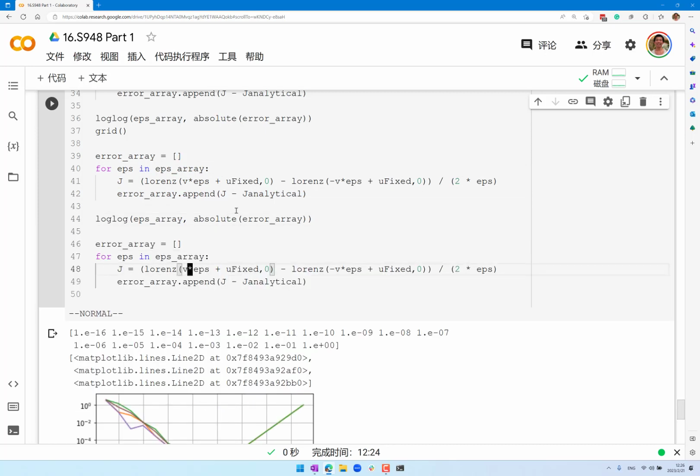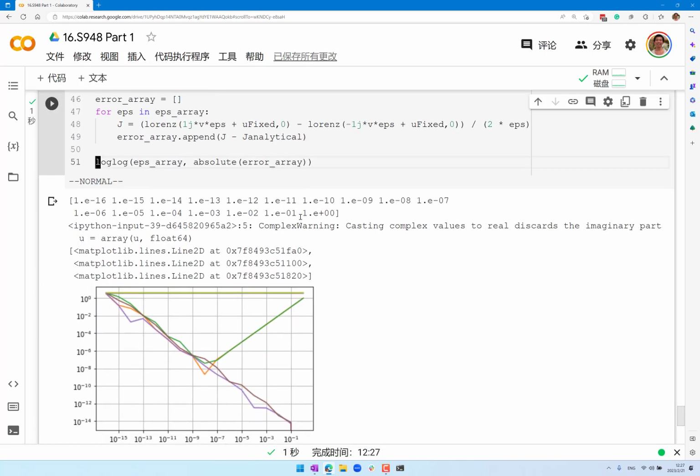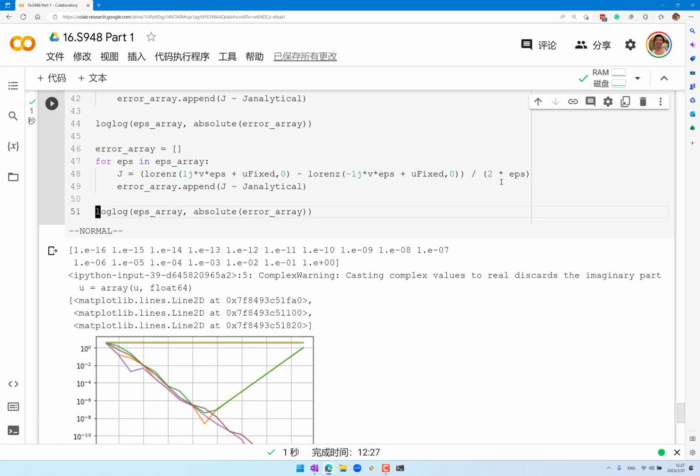But instead of perturbing in the real component, let's actually perturb in the imaginary component. Minus 1j. So basically, 1j is the imaginary number, right? So let's perturb in the imaginary axis and plot it again. Oh, minus, actually divided by 1j times this.